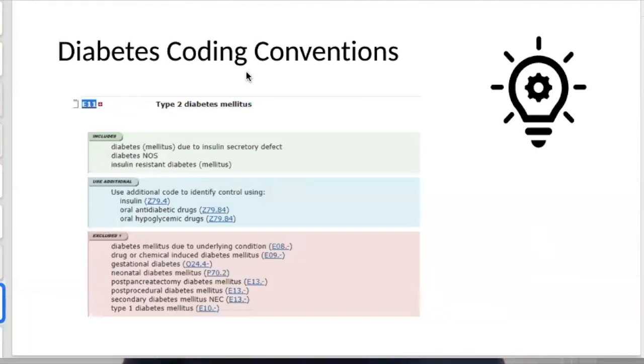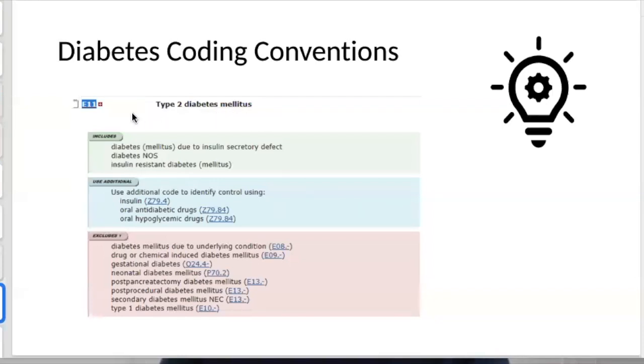Diabetes coding conventions. Coding conventions, guys, does not mean an assembly of people having a conference or convention. It doesn't mean that. Coding conventions are a set of coding rules that every clinician, every coder needs to follow.